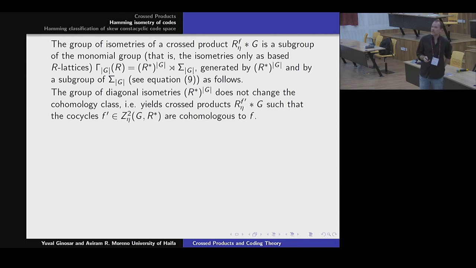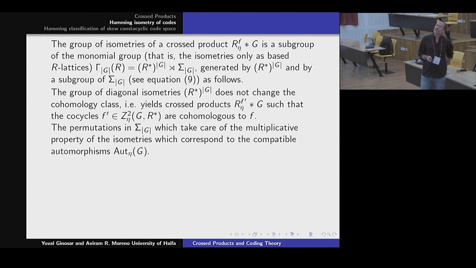But here we have another part, the permutations in the symmetric group, which take care of the multiplicative property of the isometries, which correspond to the compatible automorphisms, the elements of Aut_eta(G). Aut_eta(G) is a subgroup of the symmetric group.